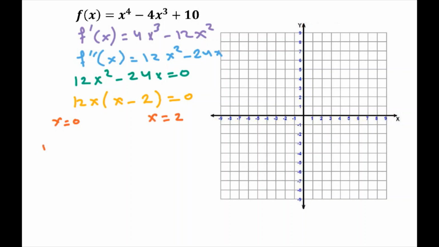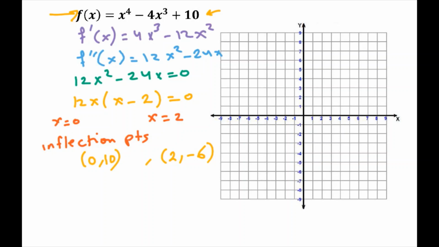Now the inflection points are 0, and then you can find f(0), which is 10, the same point where the inflection point and critical point coincide, and 2. If you substitute into the function here, you will get -6. So (2, -6) were inflection points.